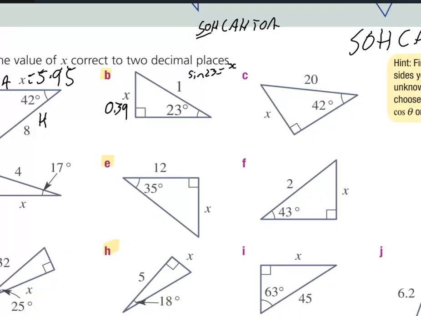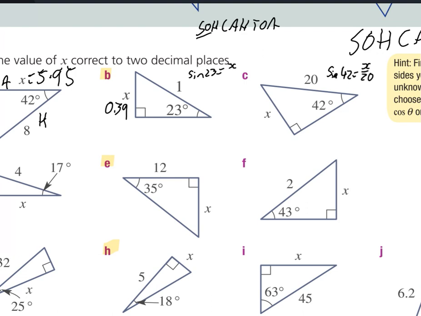We've got x here, which is opposite the angle. So we've got an opposite and we've got a hypotenuse. Opposite and hypotenuse is sine. So I'm going to do sine 42 equals x over 20.